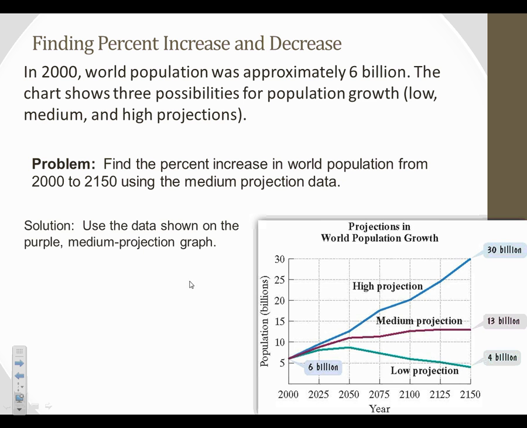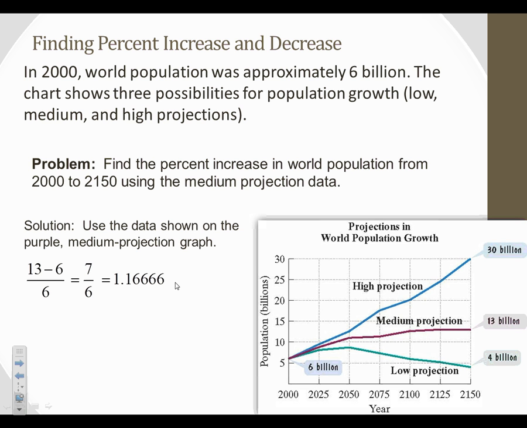So when I use that purple line, I have to find the change. So that's 13 billion from 6 billion over the original amount of 6 billion. So 13 minus 6 over 6 gives us 7 over 6, which becomes 1.166.